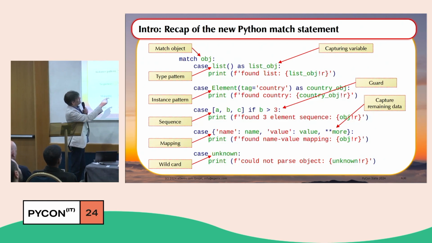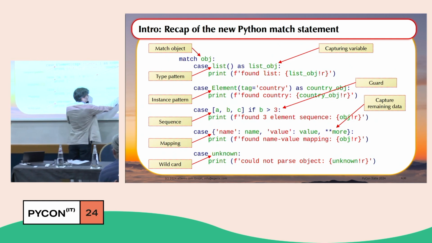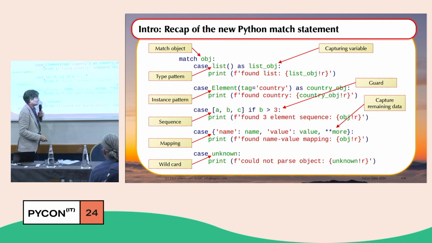What you can also do is capture values that are being matched, and you can put those into variables, as I did in the first case there, as list object. So basically whatever matches goes into the list object variable, and then you can use that in your case statement. You can also do that with things like over here. So you can have wildcards in there.